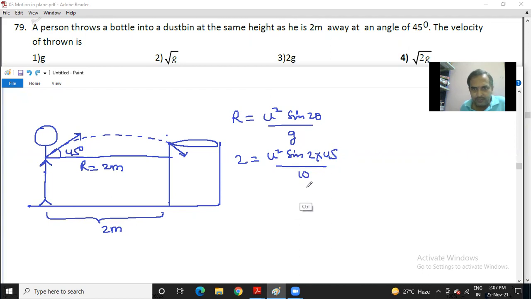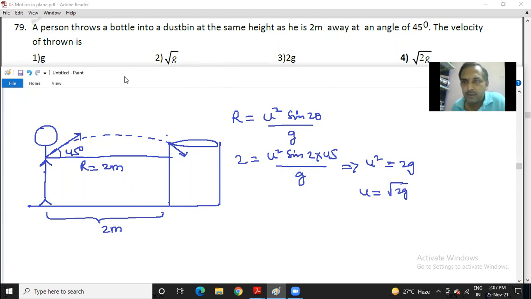You continue to write g, because the option is mentioned in g. Then this is sin 90, it will be 1. So you'll get u square is equal to 2g. So u equal to root 2g. So the fourth option is correct.